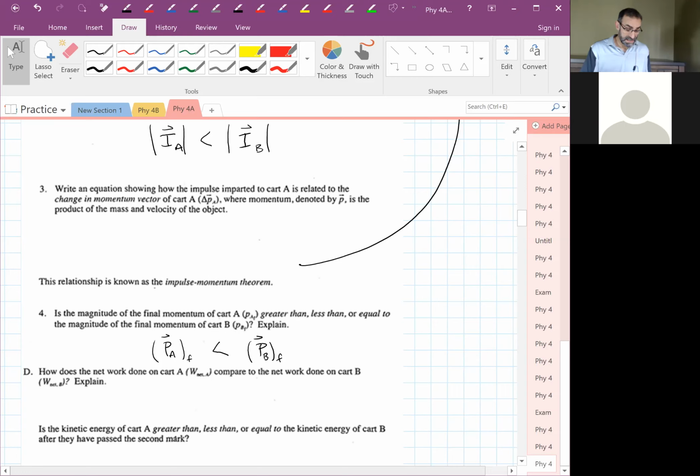Now it says student 3 was talking about kinetic energy. So now we want to start thinking about kinetic energy. Let's see what happened there. Part D says, how does the work done on cart A compare to the work done on cart B?